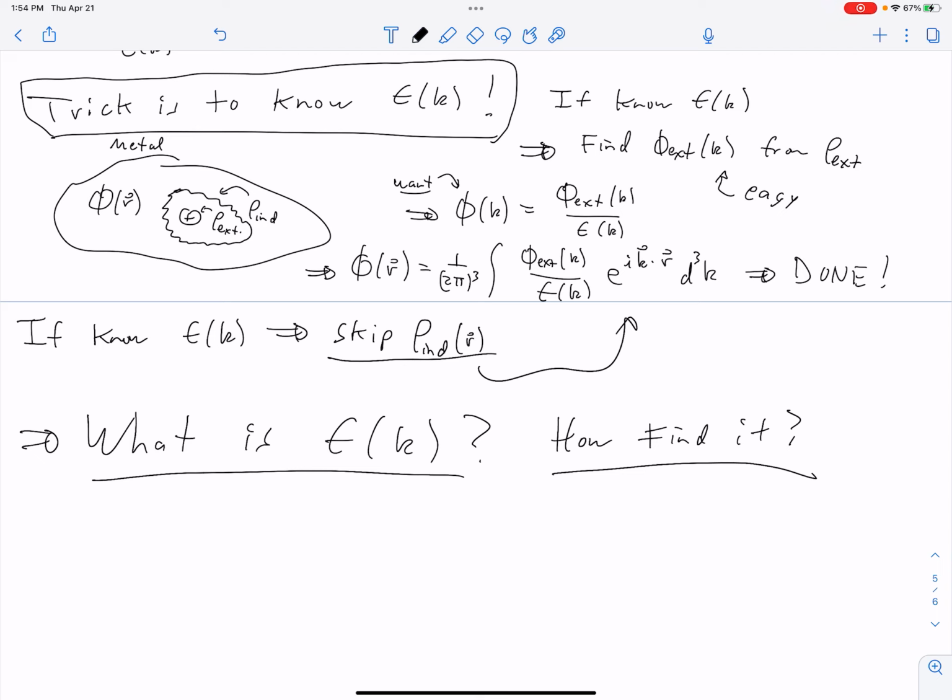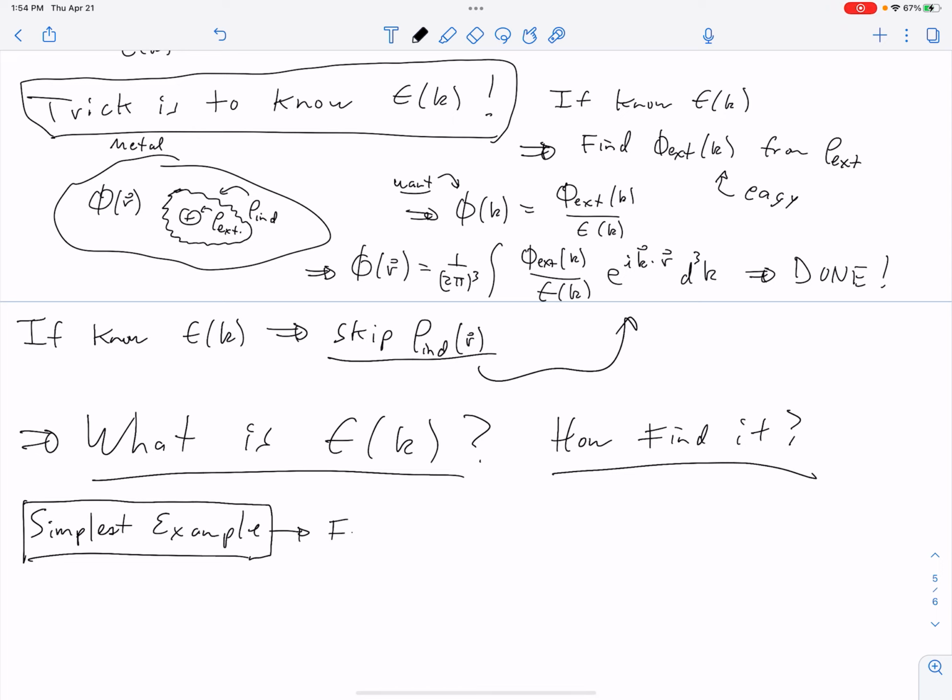And so let's do this. Let's do a simple, actually this is the simplest example. Well, actually, no, there's an even simpler example. No, let's just do a simple example, which is, let's find the dielectric constant for a free electron gas.